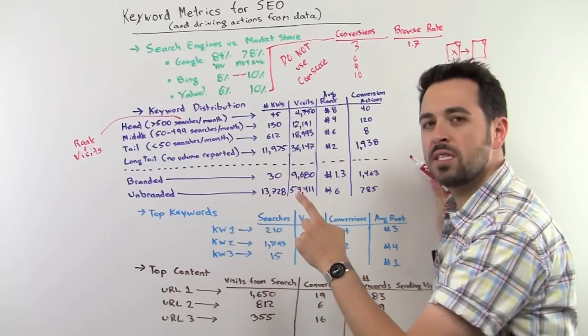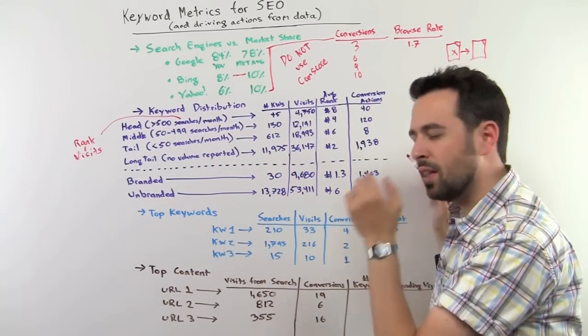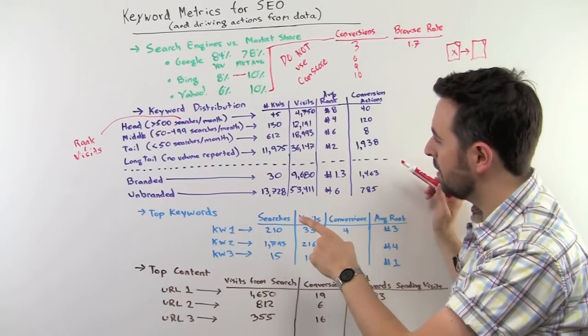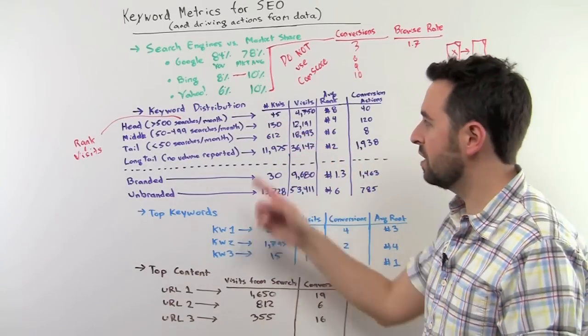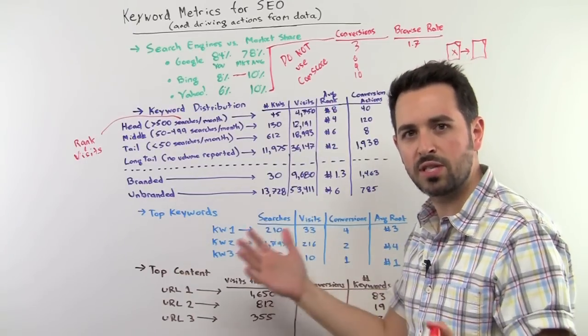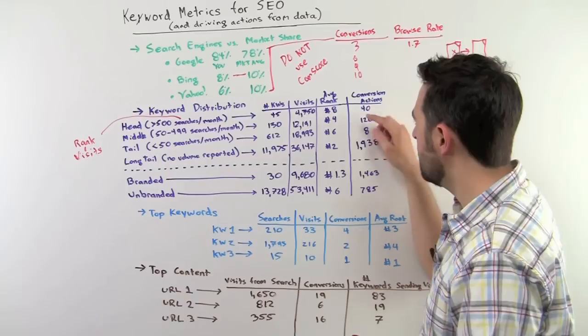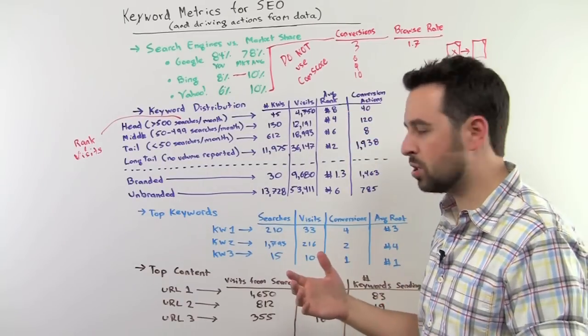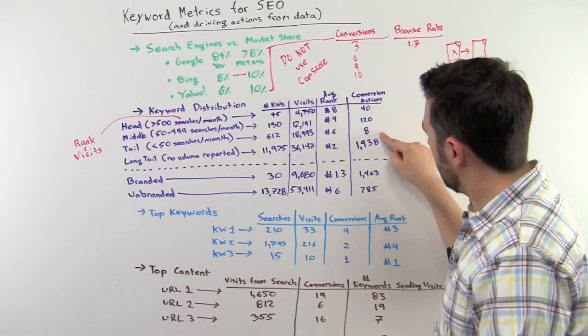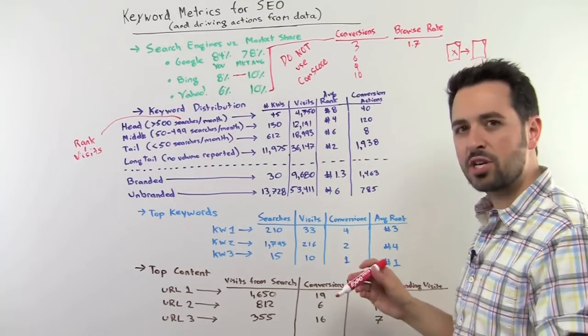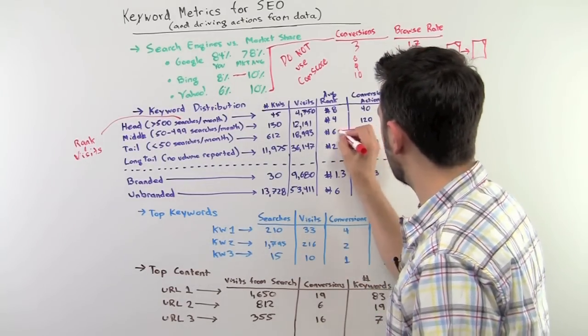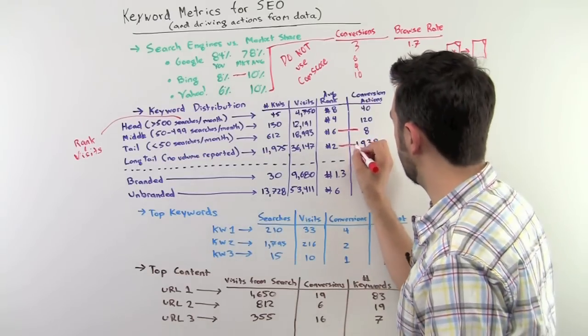And what's great about this is it really lets you see, hey, hang on a second. I spend all my time worrying about my rankings for these 45 keywords, the ones in my head that are driving most of my traffic. My average ranking is number 8, so I still have a lot of room to move. But if I look at my conversion actions across these, I think the biggest opportunity might actually be here in the tail, or even in the very long tail.